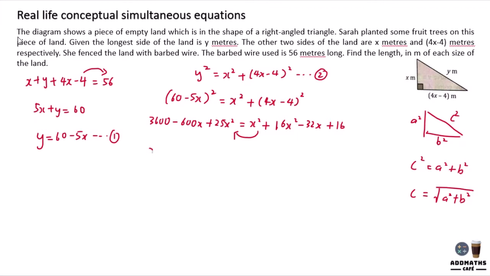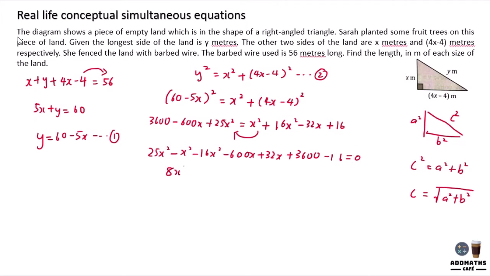So let's bring all the equation to the left side. So you have 25x squared minus x squared minus 16x squared minus 600x plus 32x plus 3600 minus 16 equal to 0.